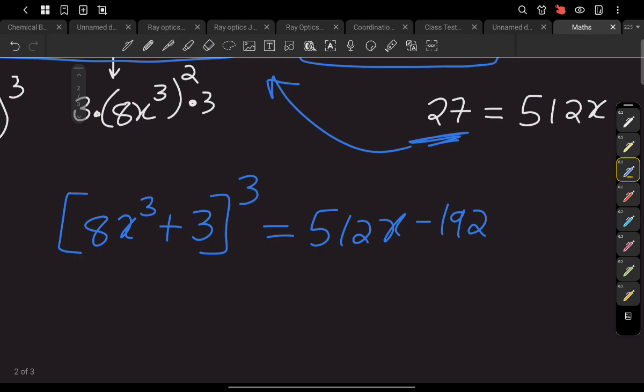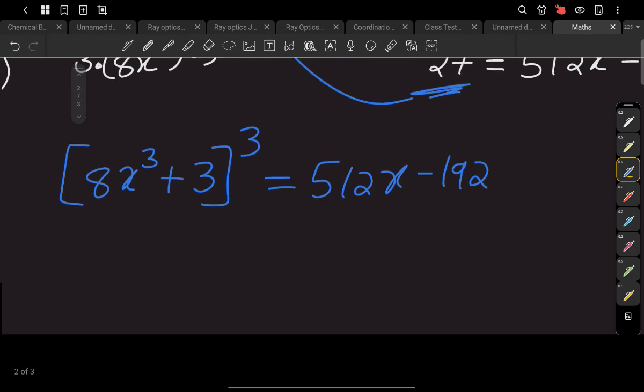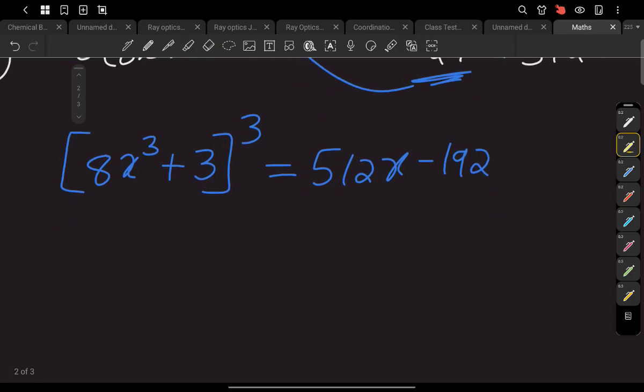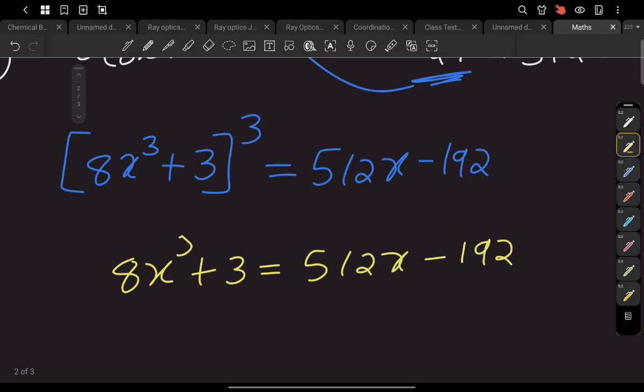This 219 comes out only when you realize that this cube can potentially form, and in order to form it you will release a 27 from it. Now this question is about to converge further. We can write 8x cube plus 3 equals to (512x minus 192) whole to the power 1 by 3.